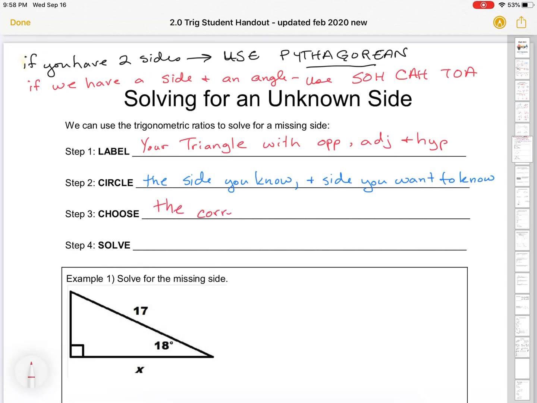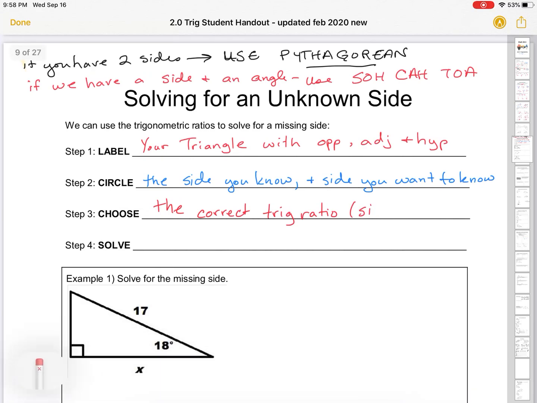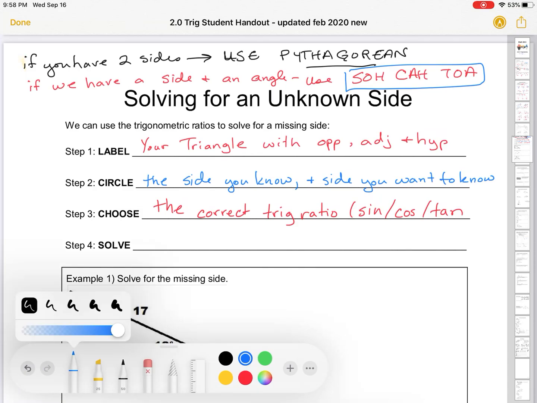Choose the correct trig ratio. If you've labeled it right, you should be able to figure it out. So it's sine, it's not cis, it's sine, cos, or tan. And don't you forget SOH CAH TOA.